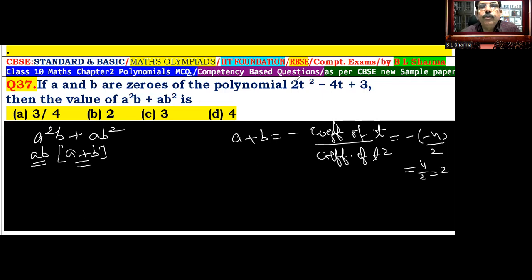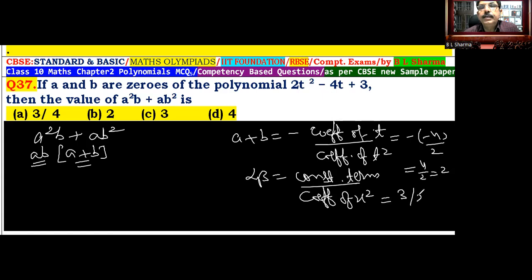Here a and b are given as zeros, not the coefficients. Sum of zeros is the negative of the coefficient of t, that is negative of -4, that is +4, divided by the coefficient of t square, that is 2. 4 divided by 2 is 2. And the product of zeros is given by the constant term upon the coefficient of t square. The constant term is 3 and the coefficient of t square is 2, so that is 3/2.